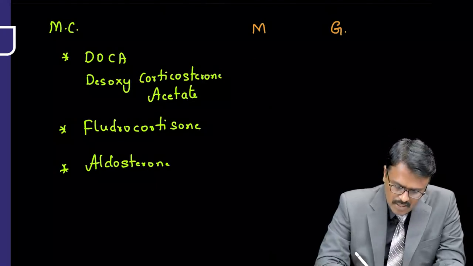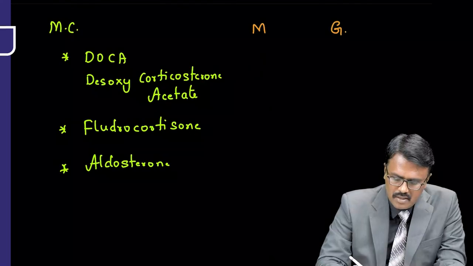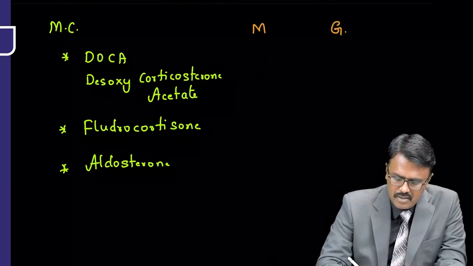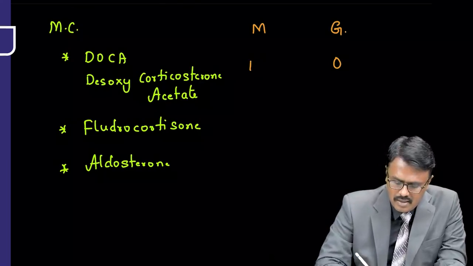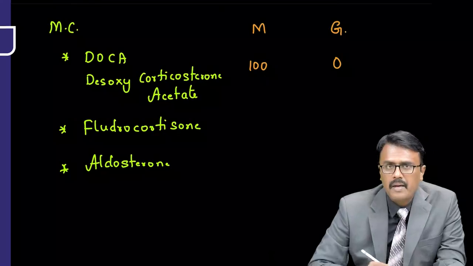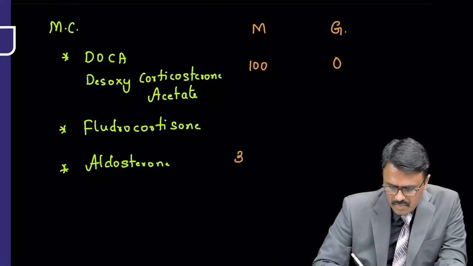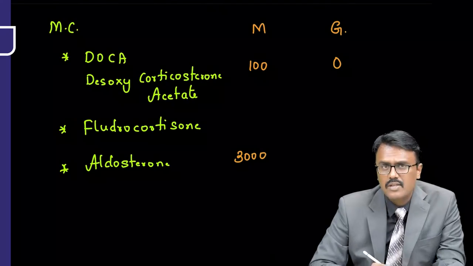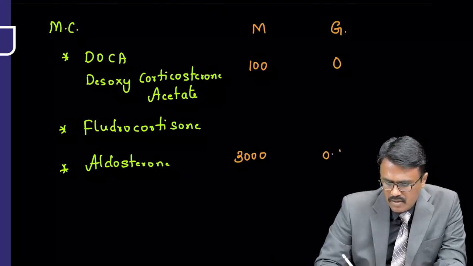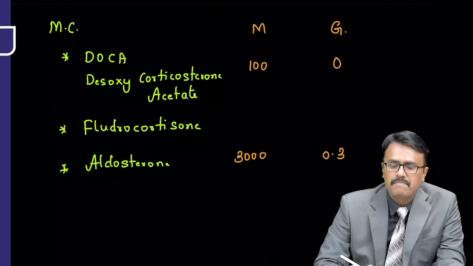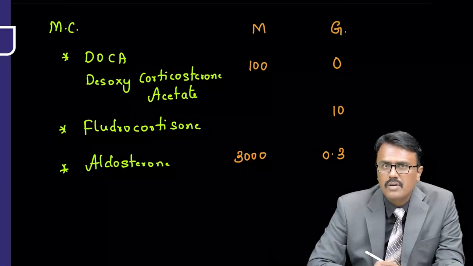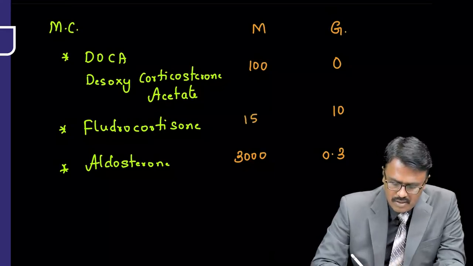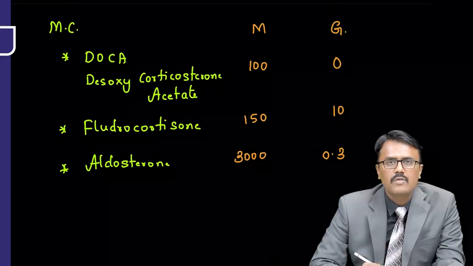DOCA has zero glucocorticoid property and 100 mineralocorticoid property. The highest mineralocorticoid property is present with aldosterone, that is 3000, and it has 0.3 glucocorticoid property. Fludrocortisone has 10 glucocorticoid property and 150 mineralocorticoid property.